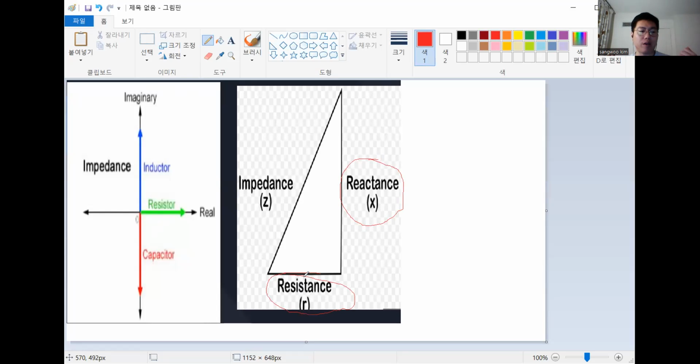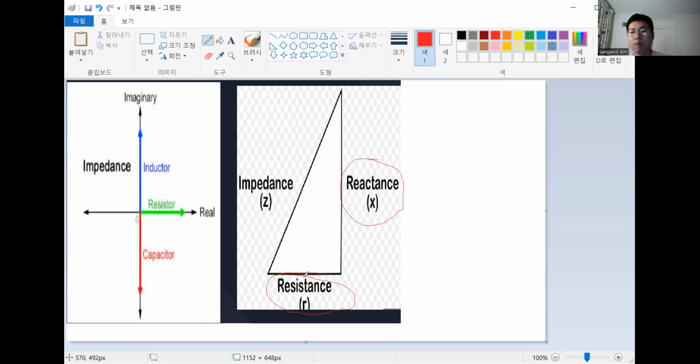For example, I will give you this pen. I will say this is money, okay? If I use it or lose it, it's gone, right? So there's nothing left. We say this is actual use, active power or active loss.